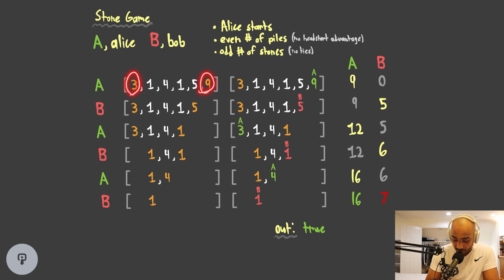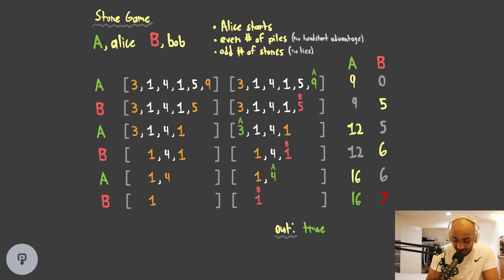If you pick a pile, that pile is going to disappear, and you're going to accept that as your score. So in this example, Alice is going to take this 9 here. She chose between the 3 and the 9. Then we're going to be left with these stones, and it's Bob's turn.